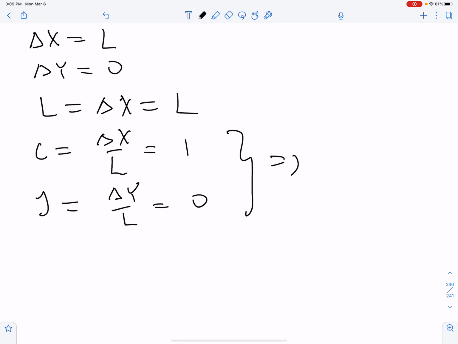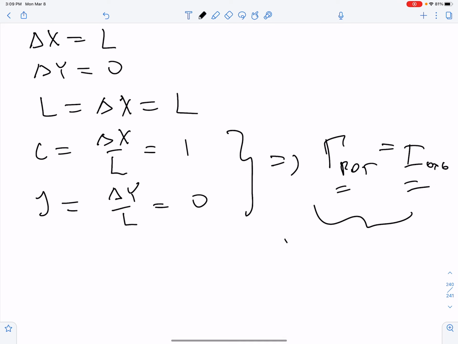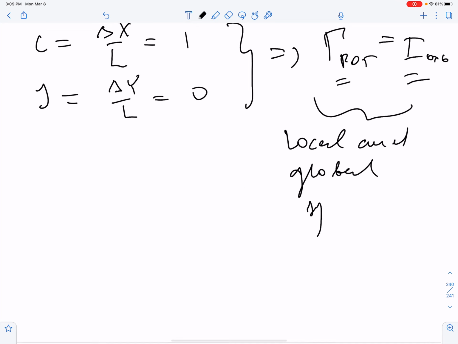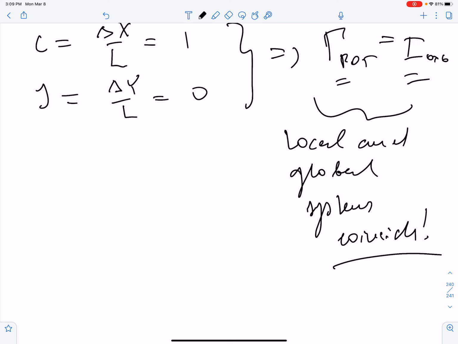Implication is that gamma ROT is identity, 6 by 6 in this case, and the local and global systems coincide. So we don't have to worry about the rotation matrix.